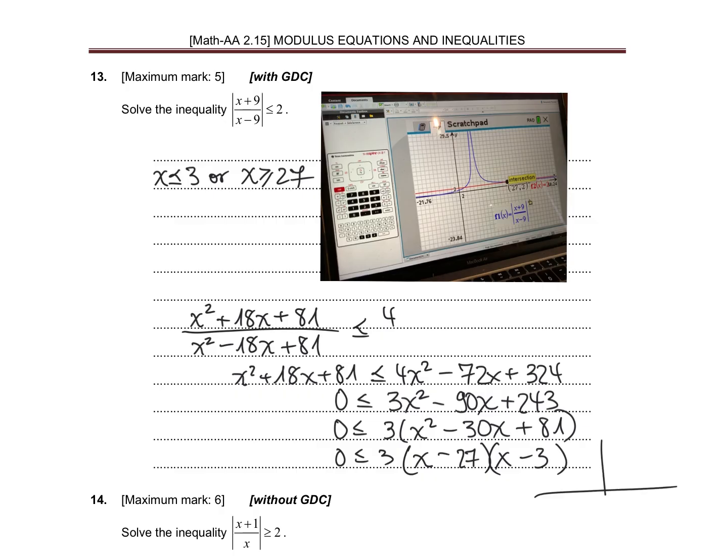So it's quadratic like this, we want it greater than 0, that's before 3 or after 27.